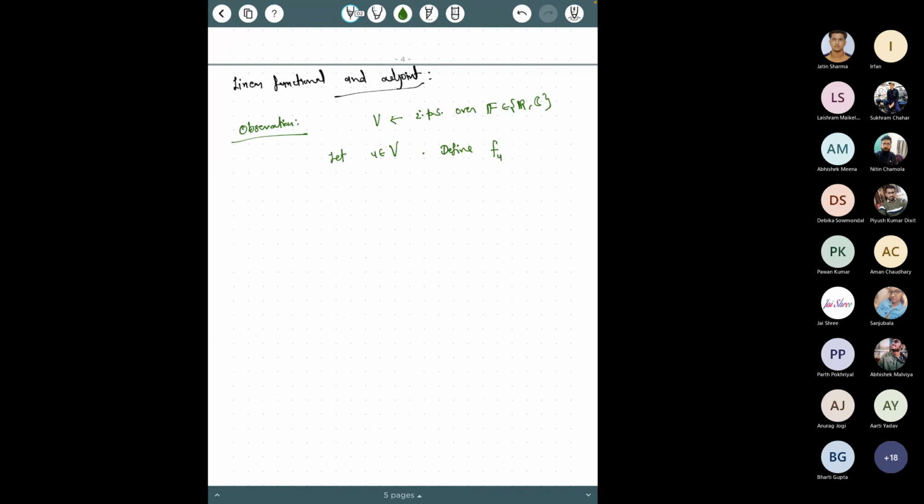Let us call it F subscript u because it is defined by using this vector u. You define this from V to F by the following rule.